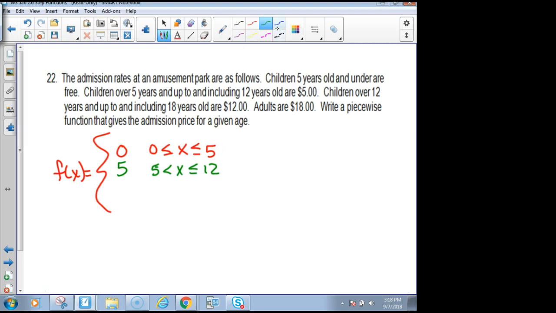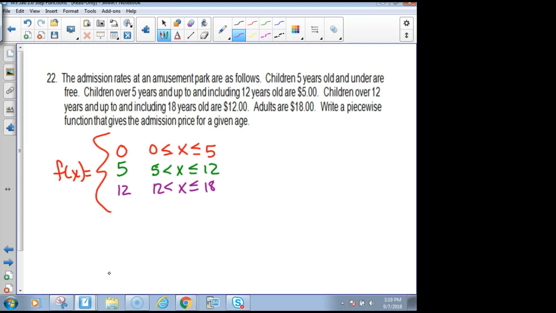Well, next they said that if you get to be over 12 years and up to and including 18, so that means between 12 and 18. So when x is between 12 and 18, including 18, you got to pay $12 to get in.